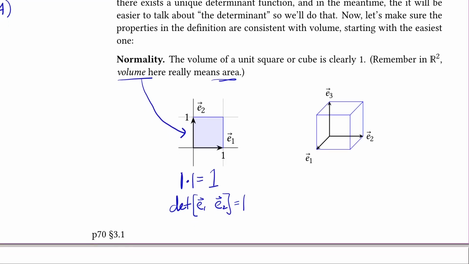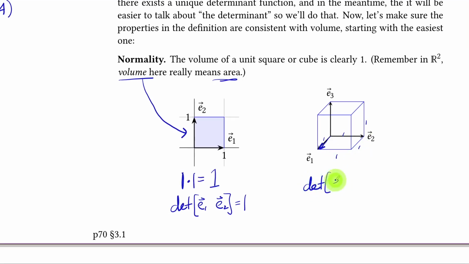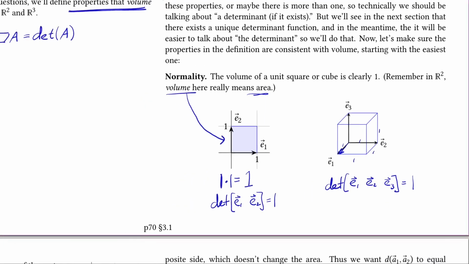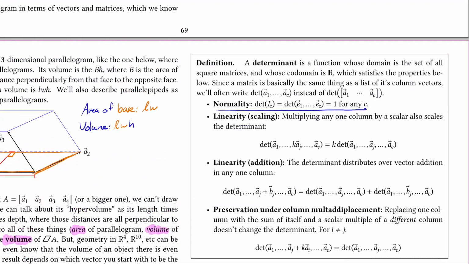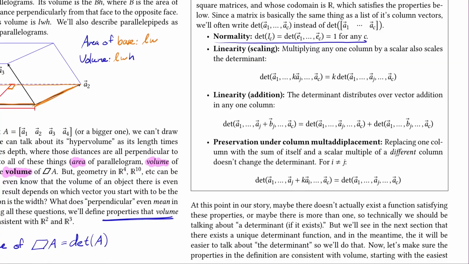Likewise, in R3, now volume really does mean volume. So this is a cube with side lengths 1, 1, and 1, so the determinant of this matrix should be equal to 1 times 1 times 1 as well. That's the basic kind of parallelepiped that we're going to relate other kinds to.